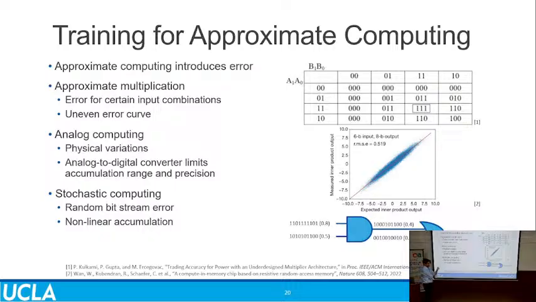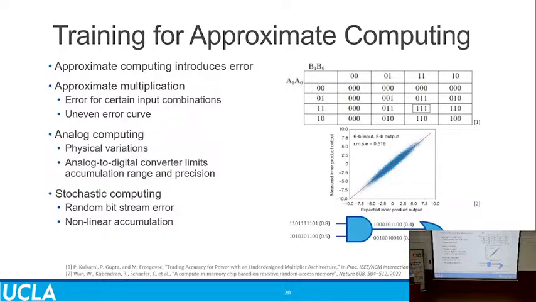And that model unfortunately breaks down if you use any form of approximate computing, because post-training quantization is very, very difficult for most approximate computing regimes. Your multiplication can be approximate, your accumulation can be approximate, and the error could be input dependent as well, depending on the underlying approximate hardware.